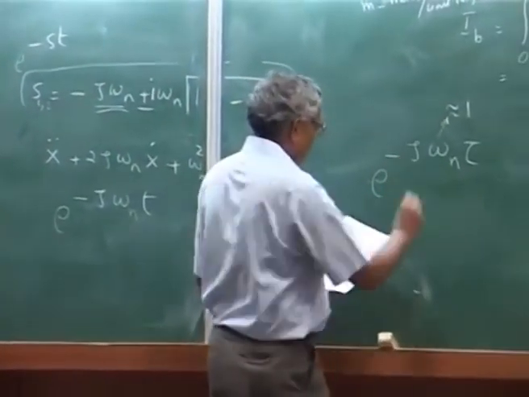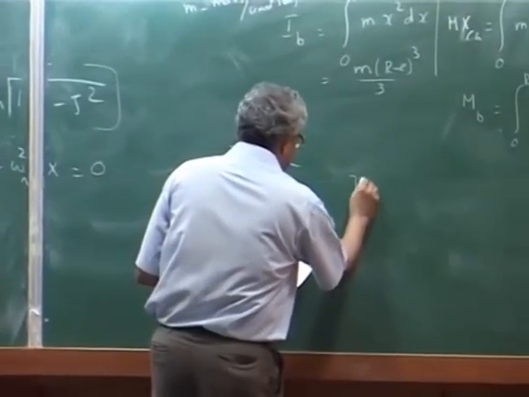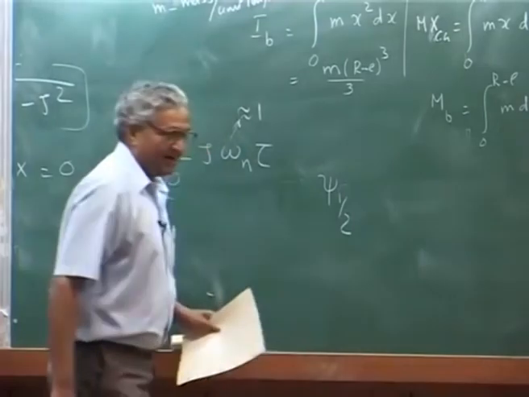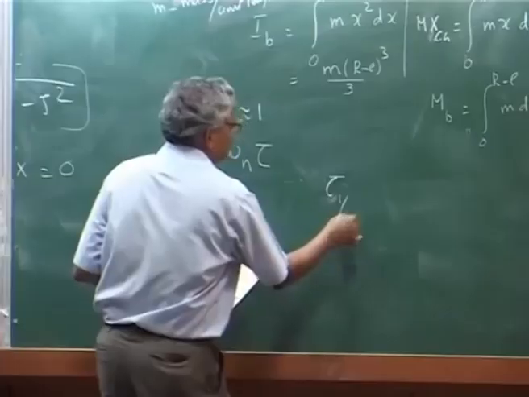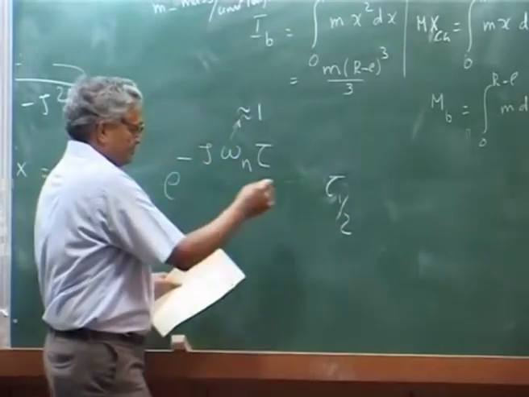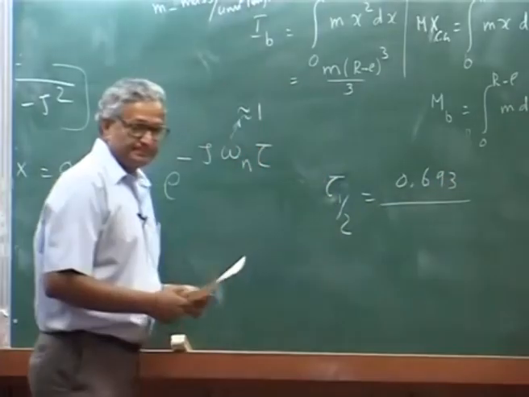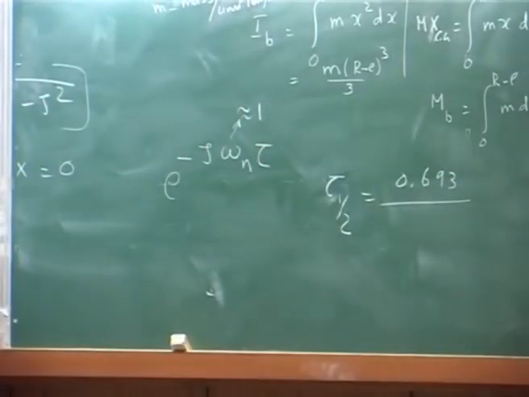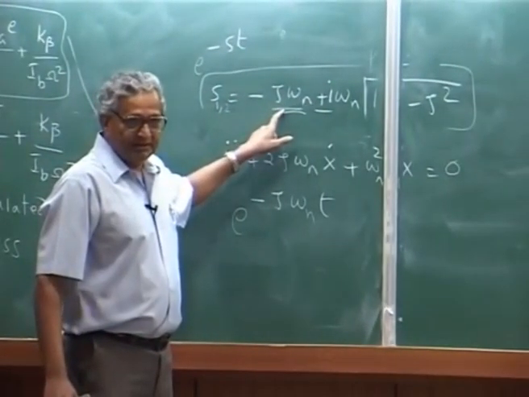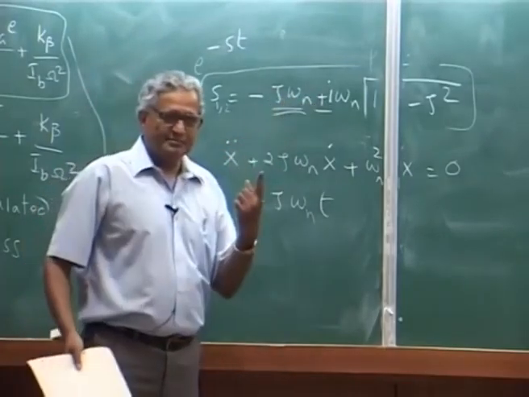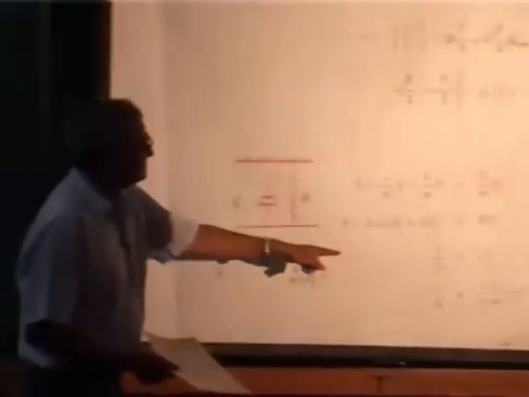So, the time for half amplitude will be 0.693 divided by the negative real part of this, which is zeta omega n. Omega n we took as 1.